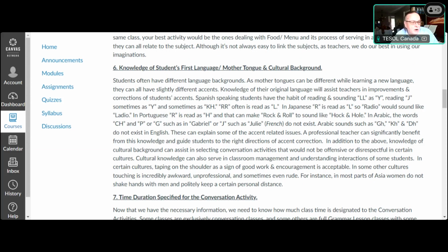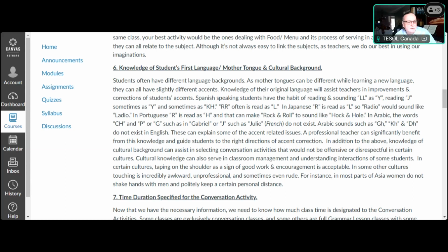In Portuguese, the R is read as an H, and so that can make rock and roll sound like hawk and hole. So different languages and different cultures have different traditions and different things that you need to become aware of.